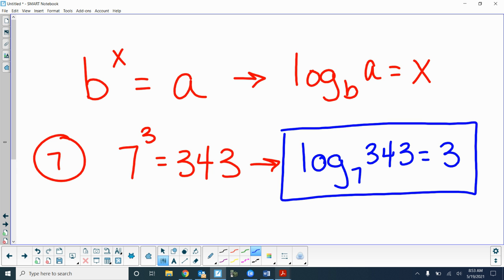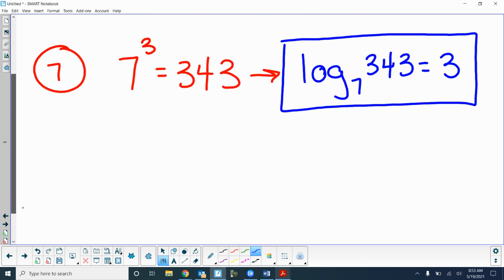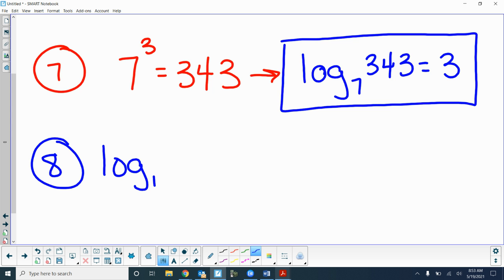The other, number 8, we're going the other way. We're giving it to you in logarithmic form. You have to write it in exponential form. So it's log base 10, but what if 10 wasn't there? We would still know that it's what? 10, right? That's called the common log. That's the one in your calculator, the log button. That's the base 10 one. Of 10 equals 1.